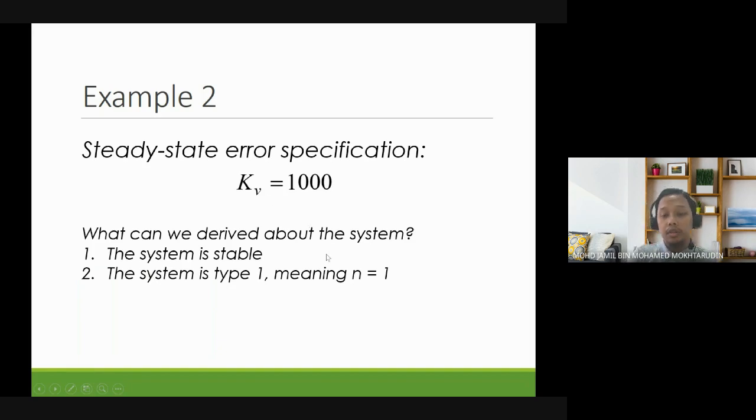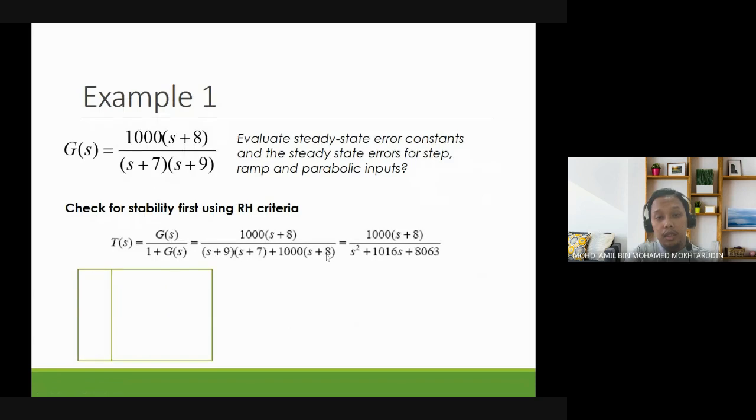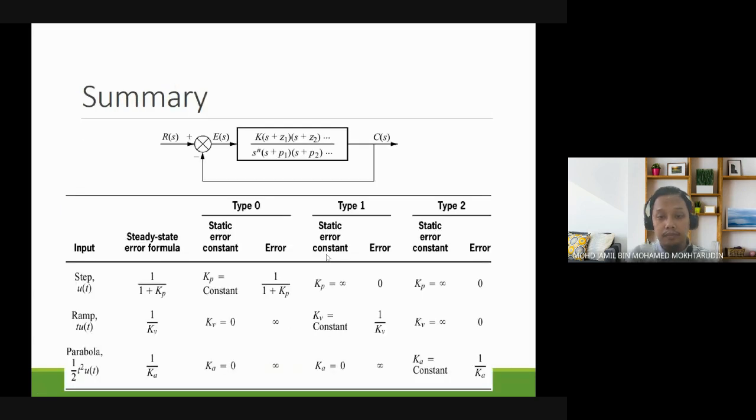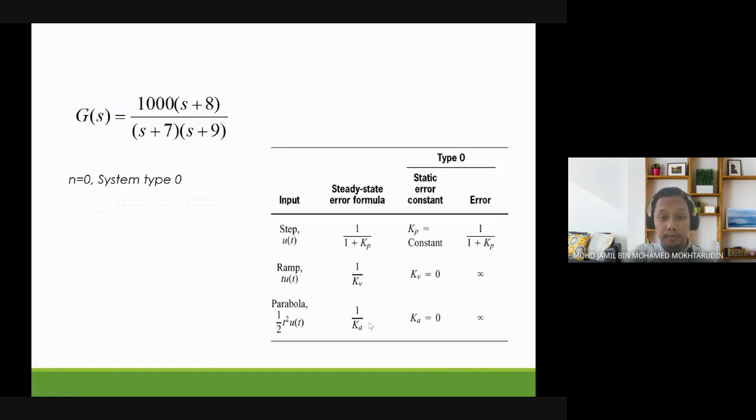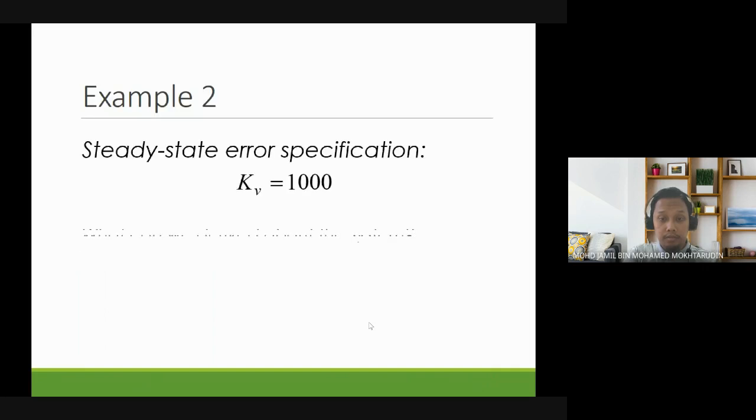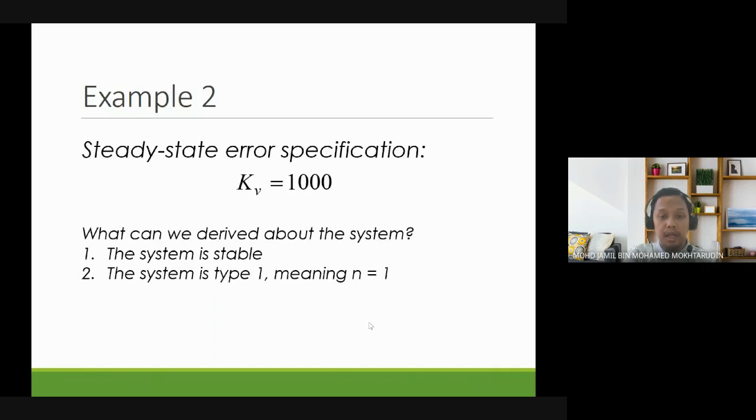Because if you look at the table that I gave previously, if you have a Kv constant, it's a type 1 system, because for type 0, Kv is 0, and for type 2, Kv is infinity. So the system should be a stable type 1 system. And then you must use a ramp input to test the system.